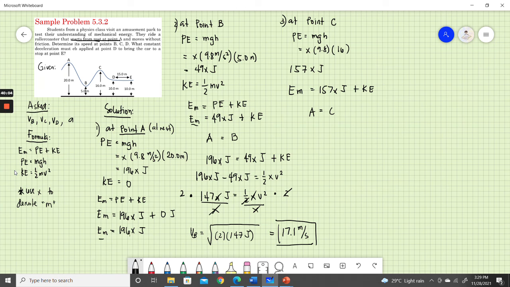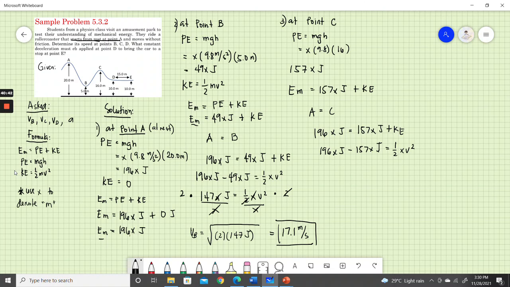So what we're gonna get, the same thing, we're gonna have 196x joules is equal to 157x joules plus KE. So 196x joules minus 157x is equal to KE, or basically 1/2 mv squared, or 1/2 xv squared.